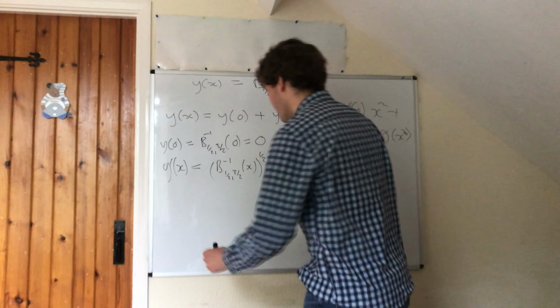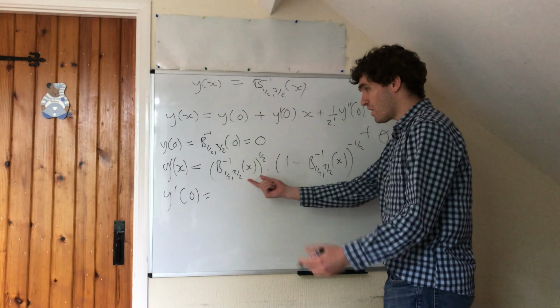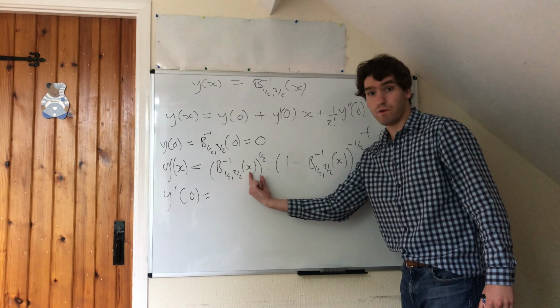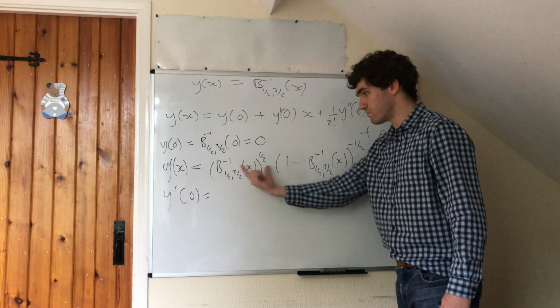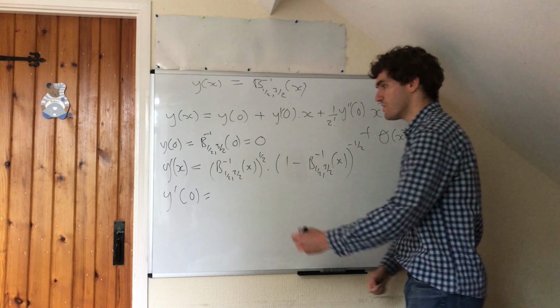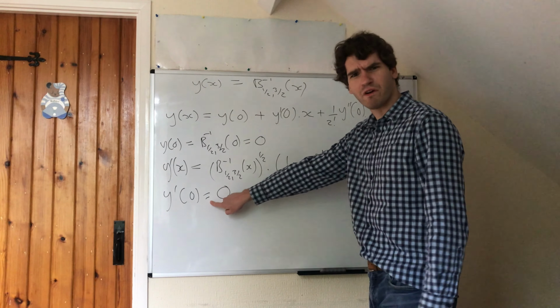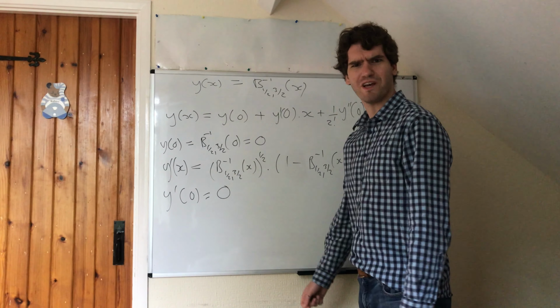And indeed, when we put in y prime of 0, we get the beta inverse of 0 to the power of a half, and of course that gives you 0 to the half, multiplied by something which will be non-zero. So y prime of 0 will be 0. Sorry, I don't know why I read that wrong there.